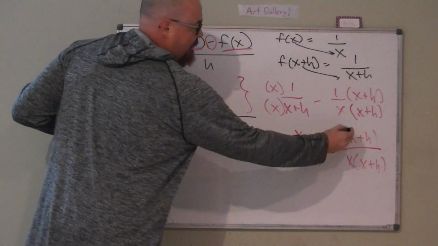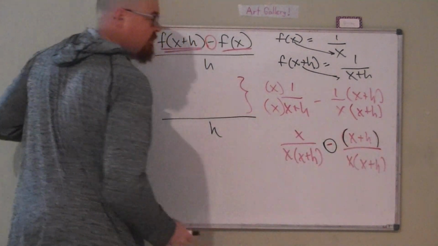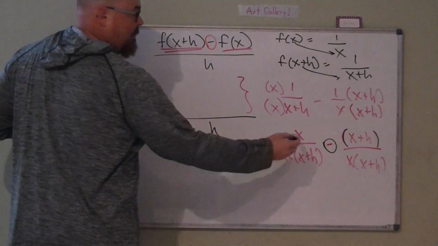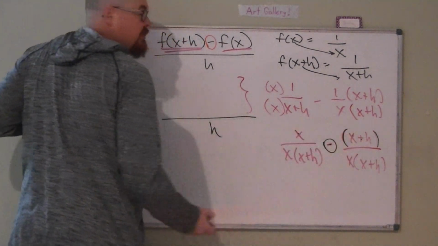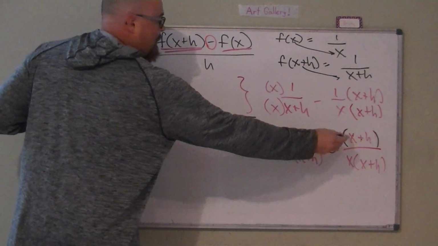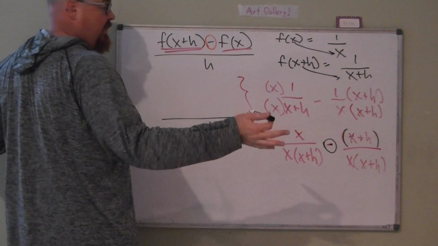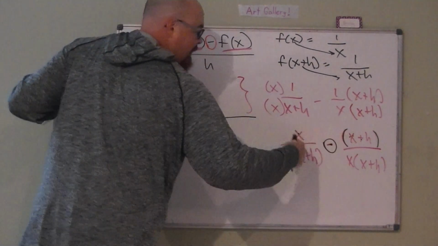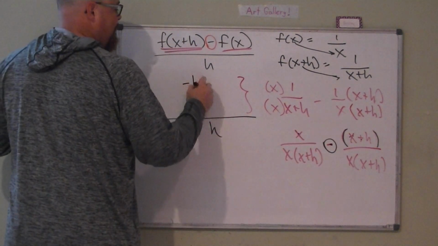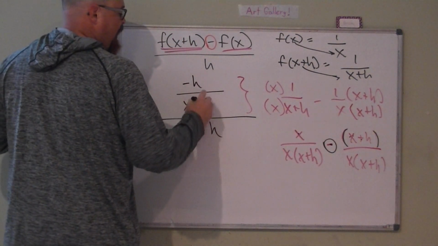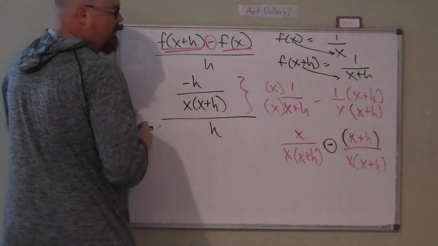I am subtracting these terms. So what's going to happen? I'm going to have x minus x minus h. And what happens to x minus x? Those are going to cancel. So this entire expression, when I combine it, is going to be negative h over x times x plus h.